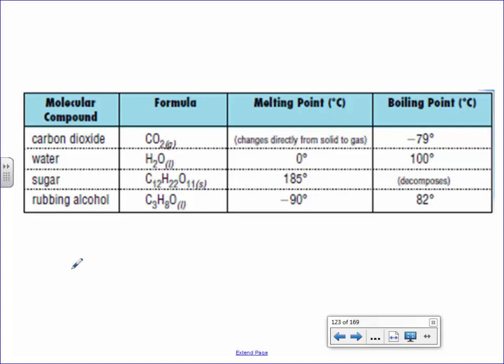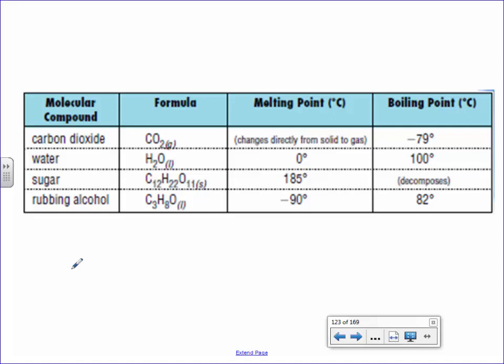This one is in the negatives, but these are between, say, 0 and 100. Those are low. A high melting point would be like 5,000 degrees Celsius. So these things are usually either gas or liquid. The only one that's really not is sugar, but even then you can melt sugar fairly reasonably, which is why we make candies out of melted sugars.